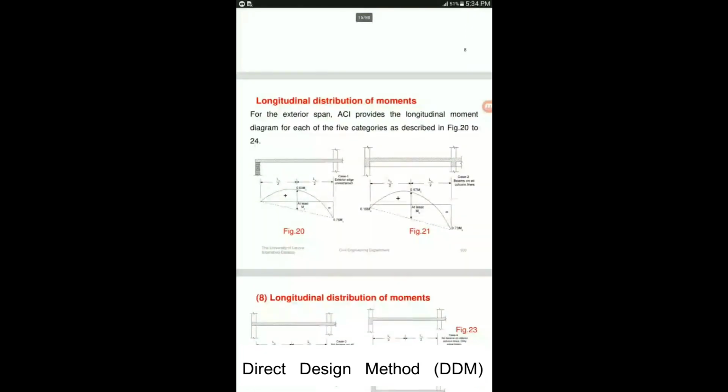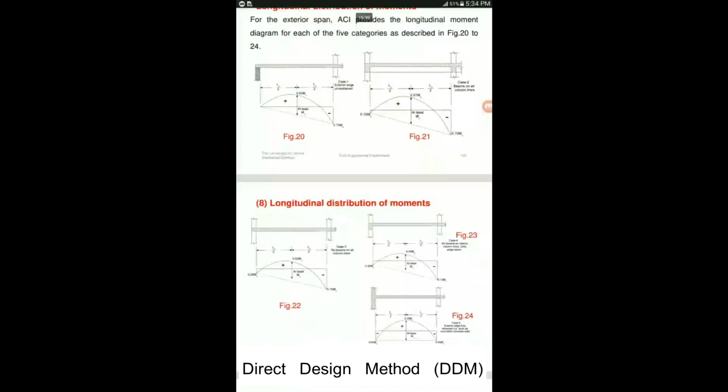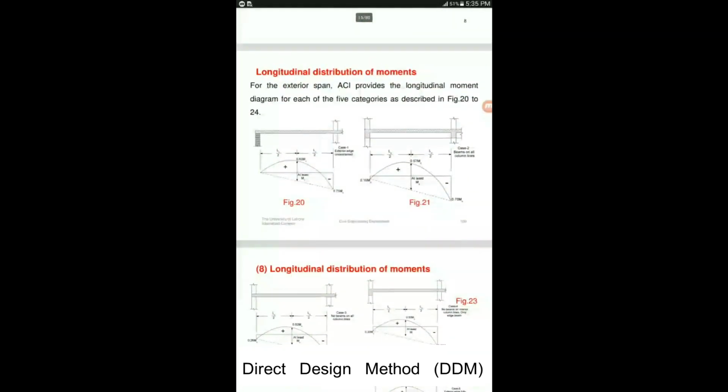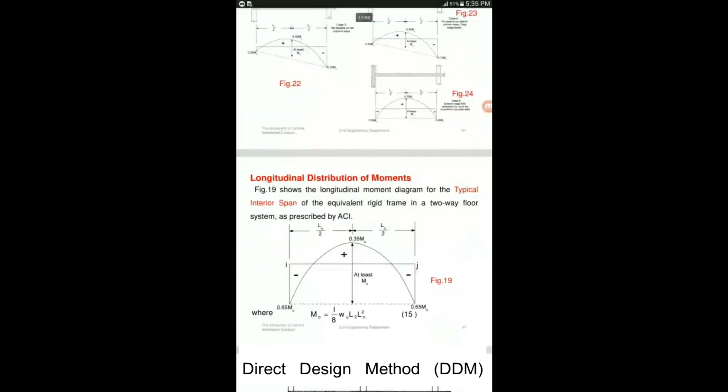Out of those 5 locations, for the first 3 locations the moment coefficients are taken from these cases, the ones I have shown you right now, and for the rest of the 2 locations, location 4 and 5, these are the typical values which can be taken from this one. This is for location 4 and this is for location 5, and the first 3, locations 1, 2 and 3, will be taken from the cases here.